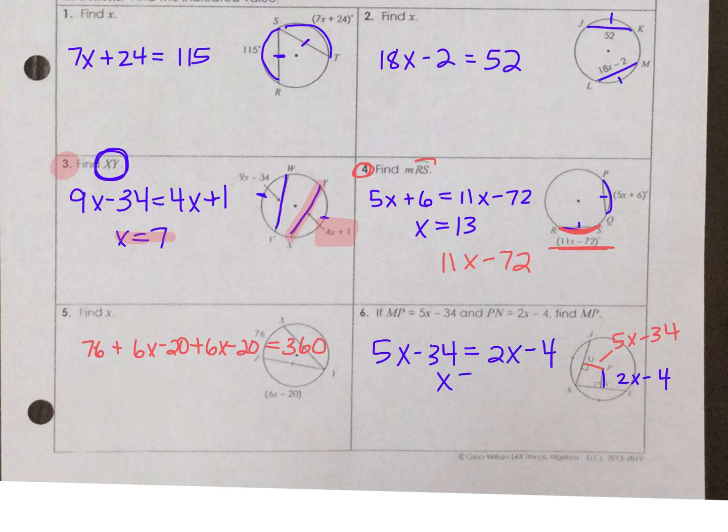If I solved it, I would get x equals 10. But I want to know MP. So I need you to figure out what it is if I plug the x into that equation and get your answer for number 6. When you're done, get out your vocabulary for me.